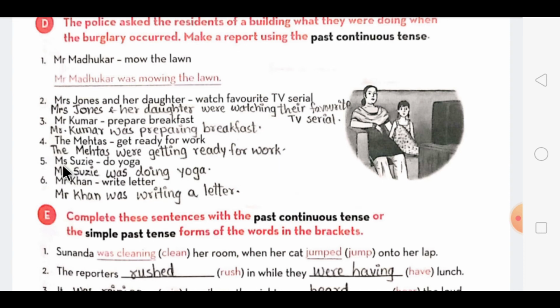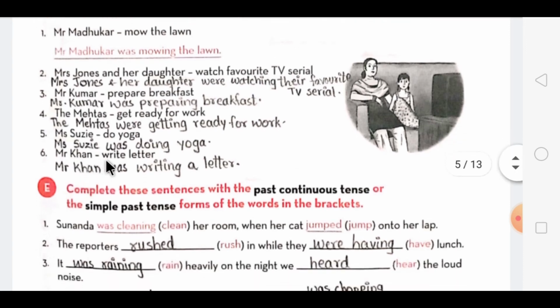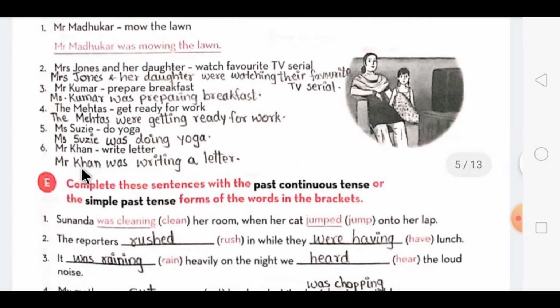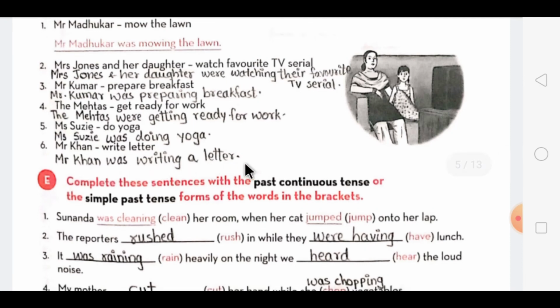Then the fifth one, Miss Susie do yoga. This is singular, Miss Susie plus was plus ing form of do, that is doing yoga. Then the last one is Mr. Khan write letter. Here Mr. Khan is singular form, so was will be used plus ing form of write, that is writing a letter.